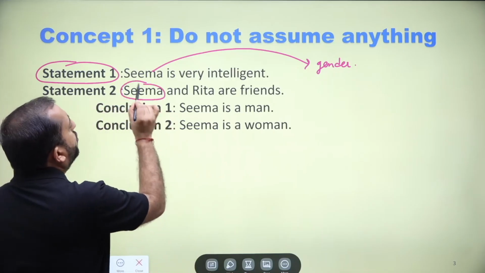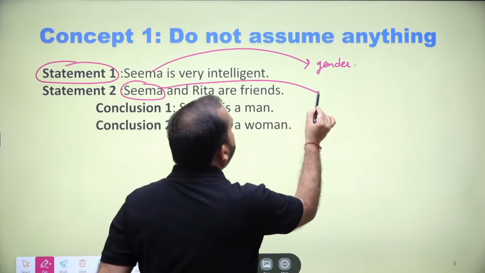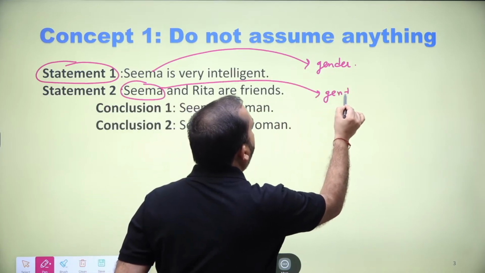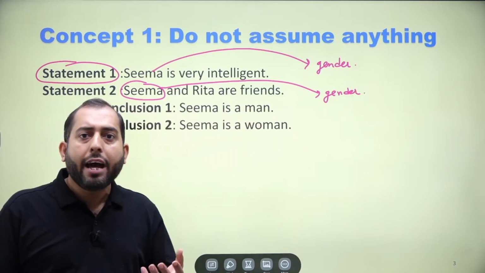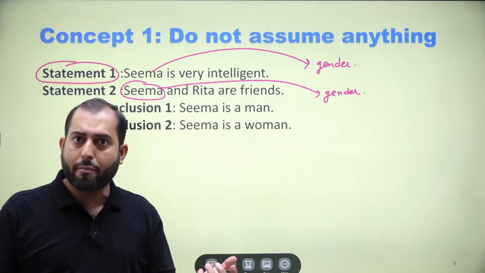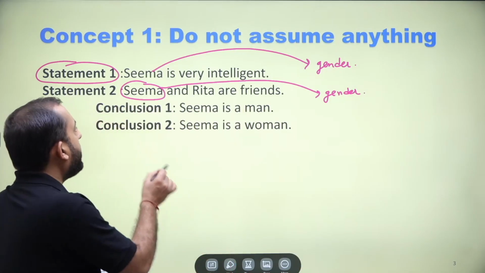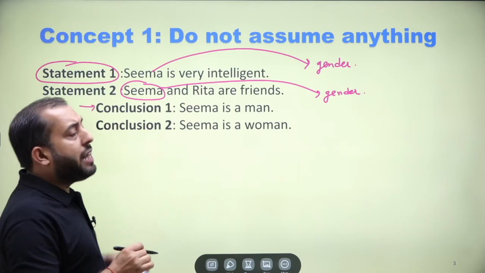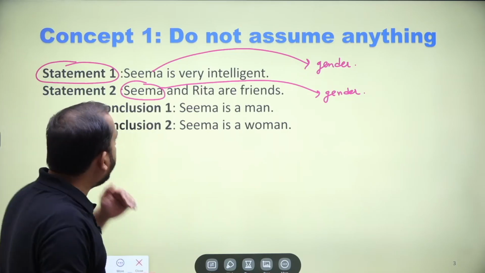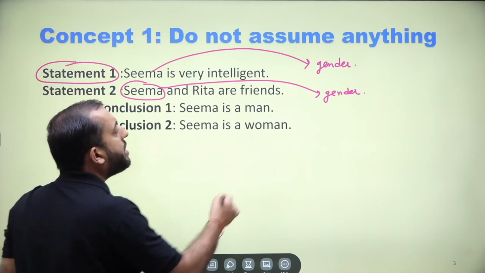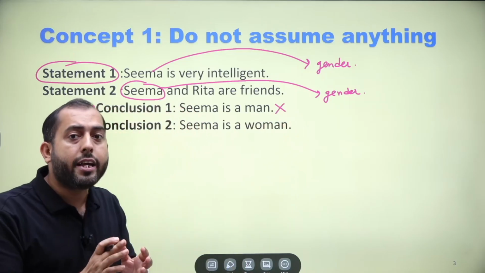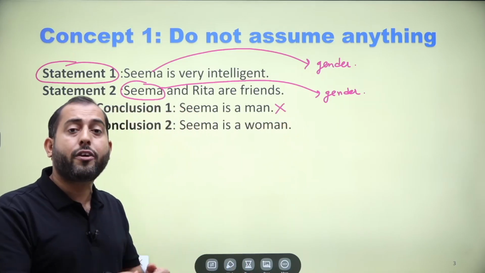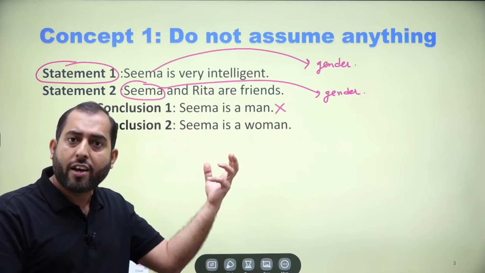In statement 2, do we have any information regarding the gender of Seema? No. So we do not have information regarding the gender of Seema. Since the gender of Seema is not defined in any of the given statements, we cannot draw conclusion 1. We cannot say that conclusion 1 will follow, or that conclusion 1 is valid.